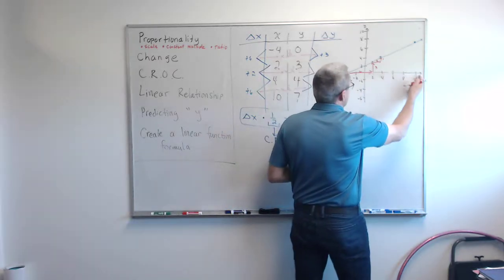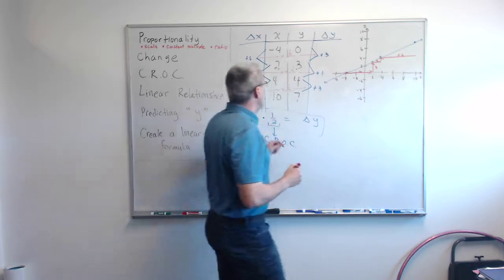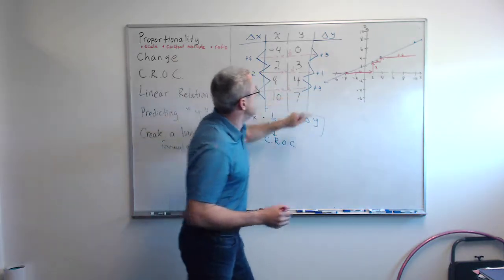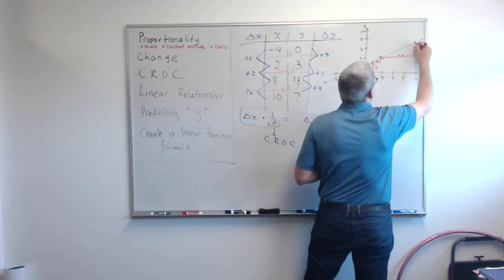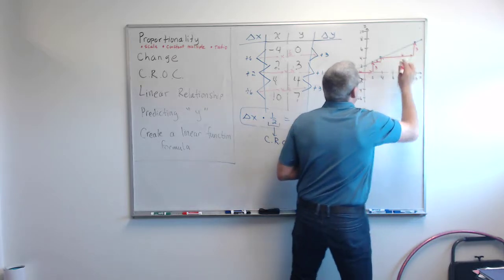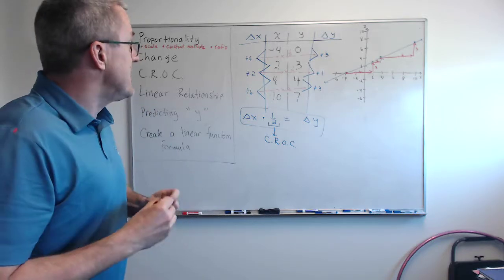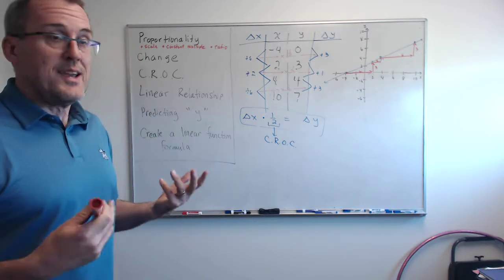When x changed from 4 to 10, that's an increase of 6. And when x increased by 6, y increased by 3, we see it right here.